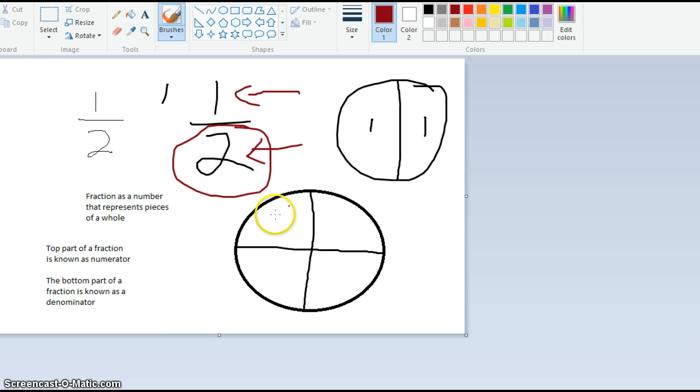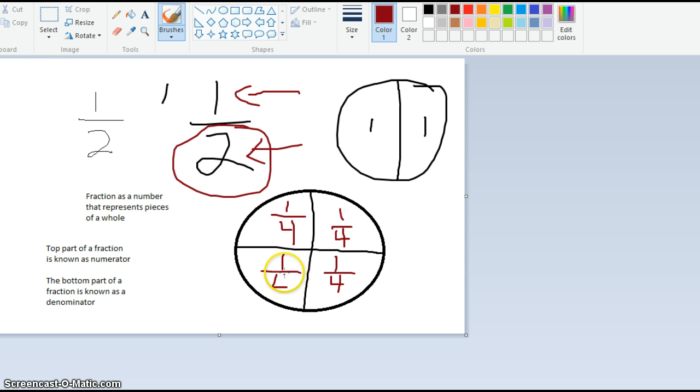So if I looked at this one little section right here, this section can be represented as a fourth. Why a fourth? Because I have 1, 2, 3, 4 pieces in this circle. And each piece here would be represented as a fourth. Again, the number on the top, the numerator, represents the number of pieces that I'm talking about.